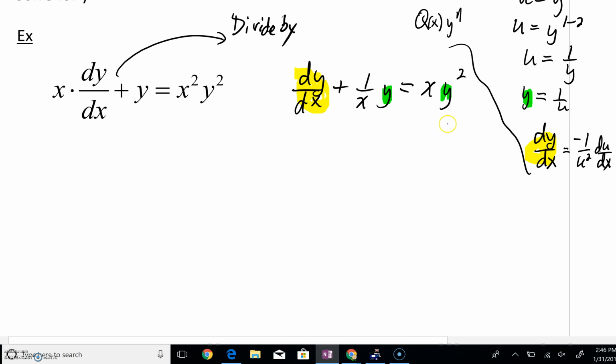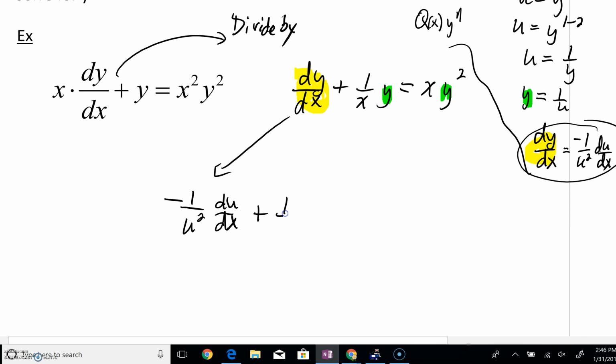So dy dx, we just said, is going to become, and substituting in, a negative 1 over u squared du dx. That's really just working with that first substitution. I'll say plus 1 over x, but my y is now 1 over u. And if y is 1 over u, when I square that, I'll actually get a 1 over u squared.